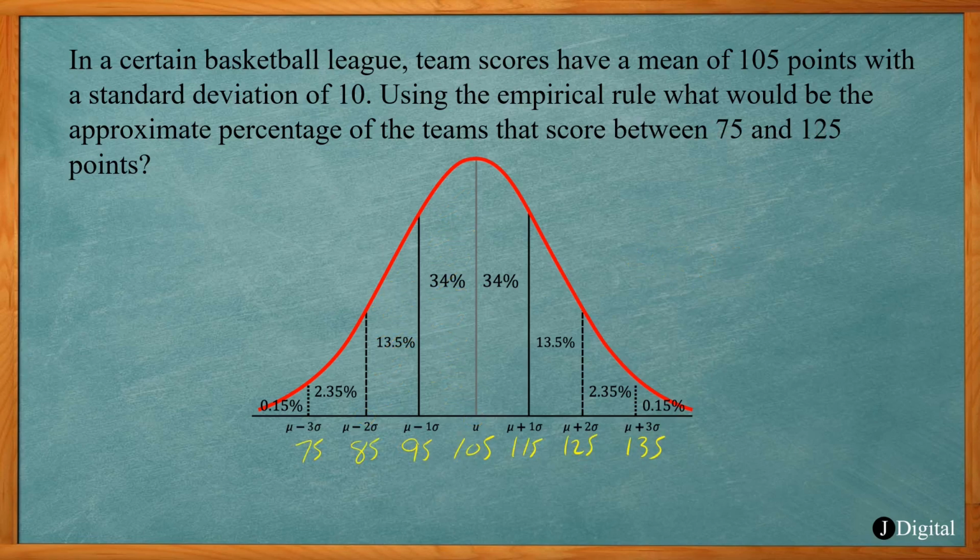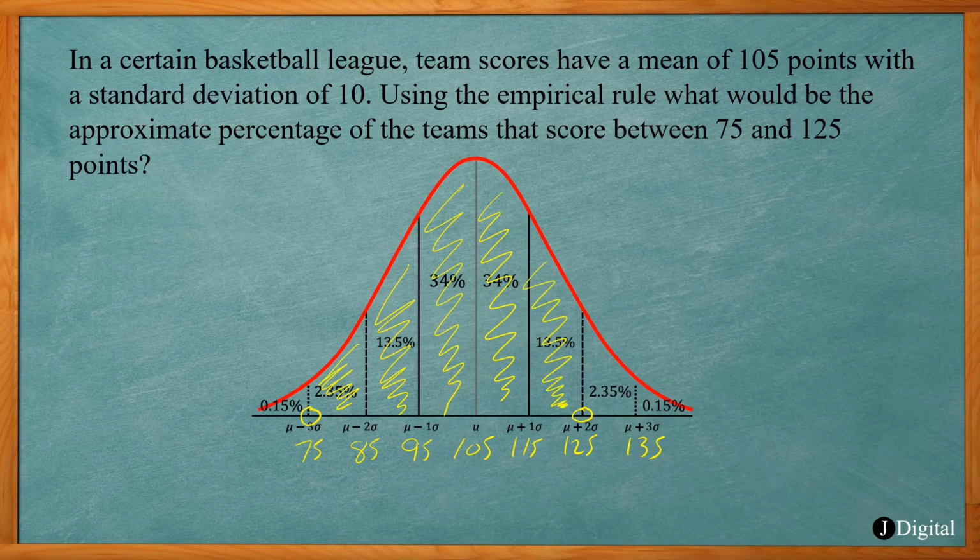Alright, now this one asks between 75 and 125. So 75 is minus 3 standard deviations. 125 is plus 2 standard deviations. So I want to know the area between those two. So that's this section plus this section plus this section plus this section plus this one.